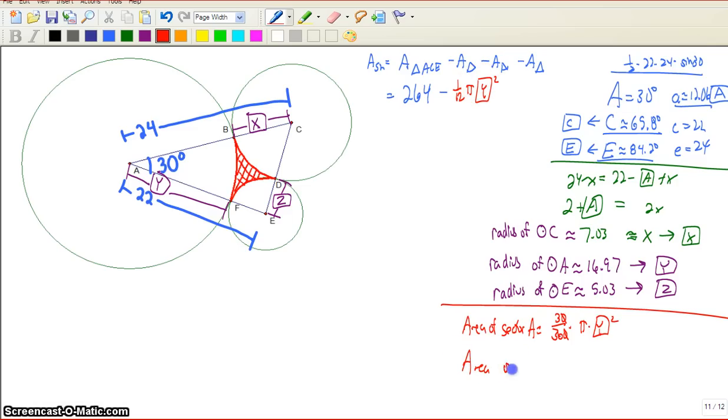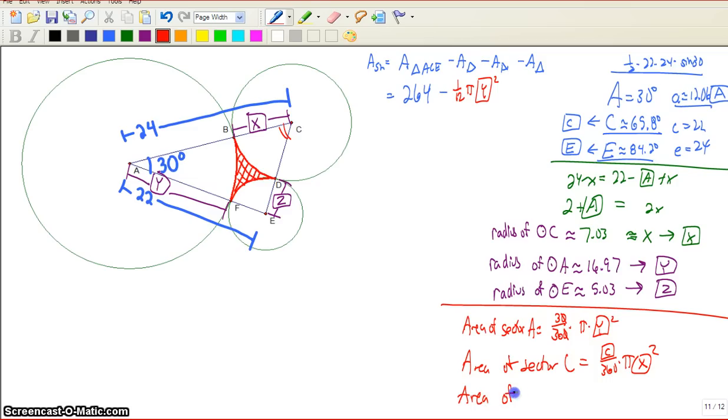The area of sector C is equal to the central angle. Now we have that angle C already stored as C in our calculator, so it's C over 360 times pi times its radius of x squared.